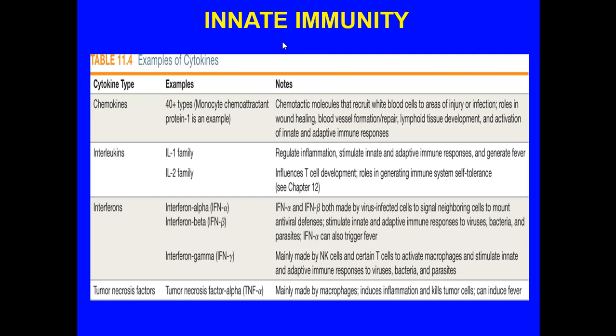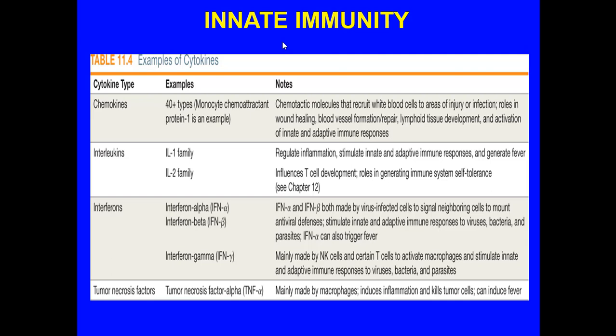Yes, you're going to regulate the inflammation and you're going to stimulate the attack against the infection, but as part of it, you're going to get fever. The IL-2 family influences T cell development, and it plays several roles in generating the immune system self-tolerance. In other words, preventing you from having an immune reaction against skin tissue, muscle tissue, basically connective tissue, cartilage.